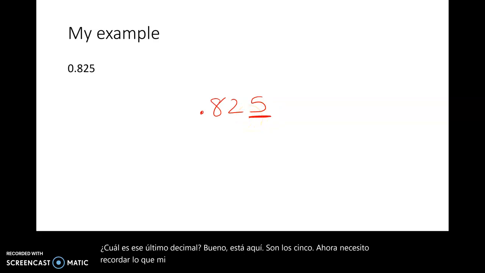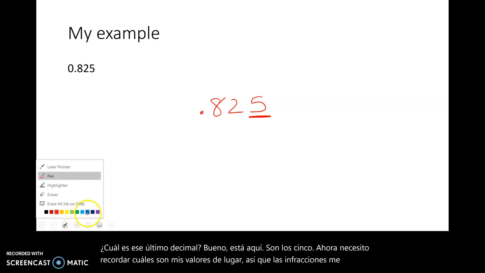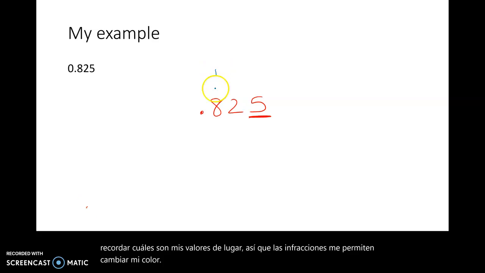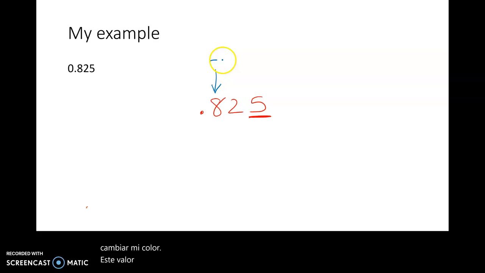Now I need to remember what my place values are. In fractions, this place value is the tenths place. I can't spell it. Bear with me.